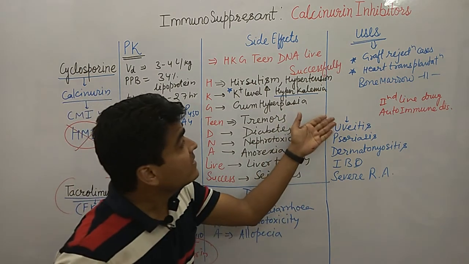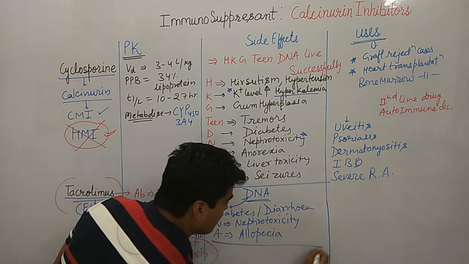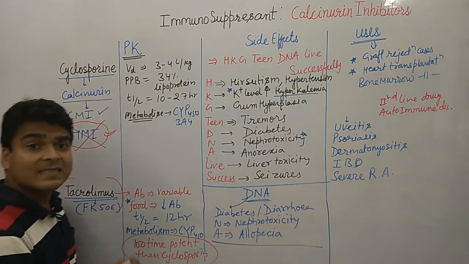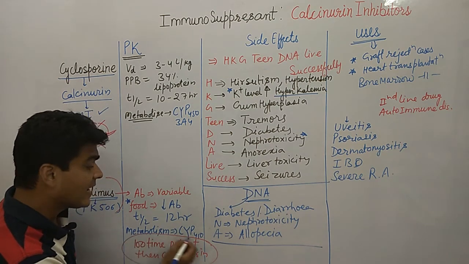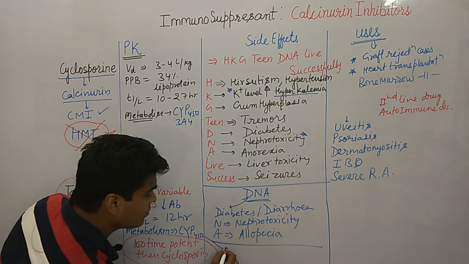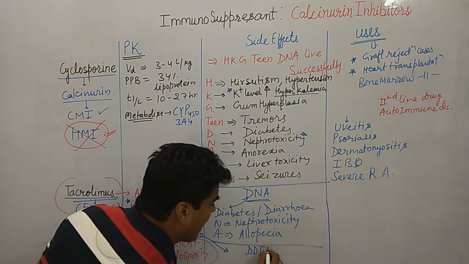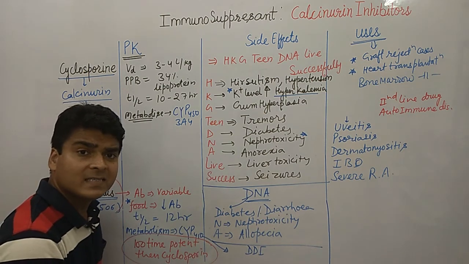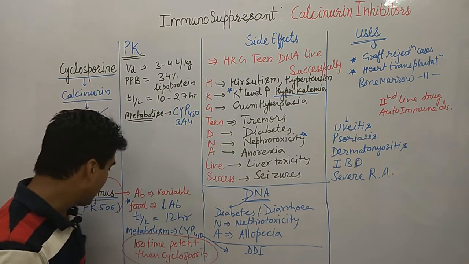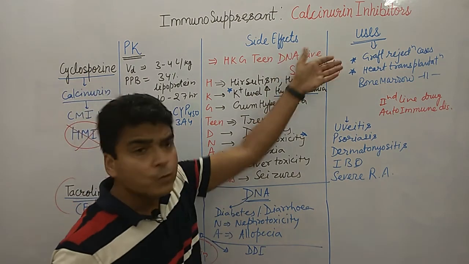Now further, looking at the drug-drug interactions of tacrolimus, because it is metabolized by cytochrome P450, again enzyme inducers and inhibitors of cytochrome P450 may cause such adverse events. Then moving on to the uses.